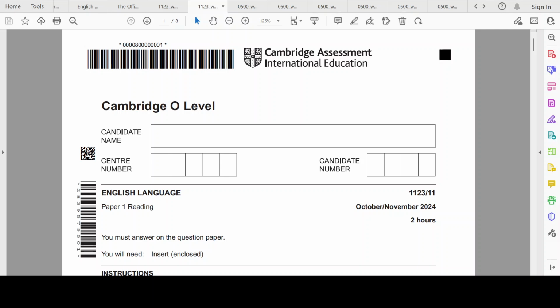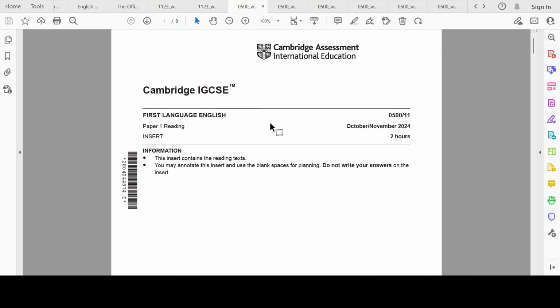But this is basically the resource teachers are using, and that is the Cambridge IGCSE First Language English syllabus. So that is the 0500 syllabus. Now, it is not the 1123 syllabus, but it is very similar. In fact, I should say the updated syllabus of 1123 since 2024 is similar to the 0500.